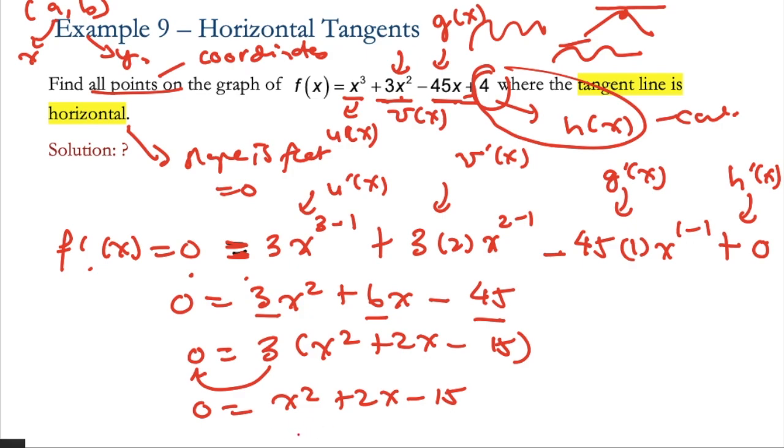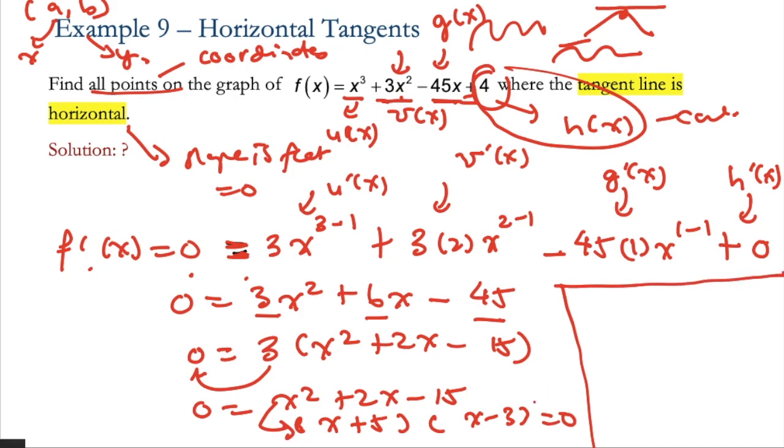When you factorize it, you have x plus 5 and then x minus 3. I'm not going to show you how to get from here to here. This is a very high scope work. Because I don't have enough space, I make it this way. This is the first step, second step, third step, fourth step.